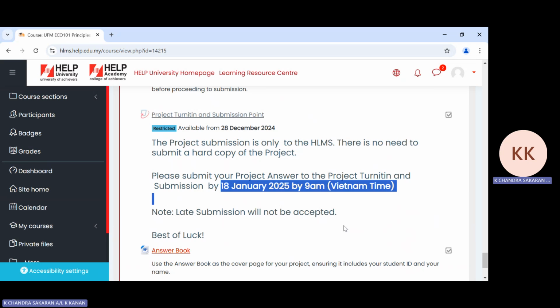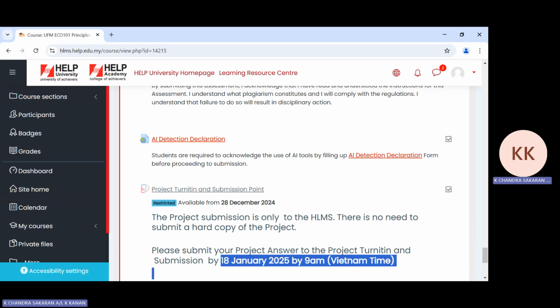The last day is 18, so start uploading your answer on the 15th or 16th so that you have time to do changes. Don't wait until the 18th to do your submission. The last day to submit is 18th January, 9 a.m., not PM, AM. Clear?